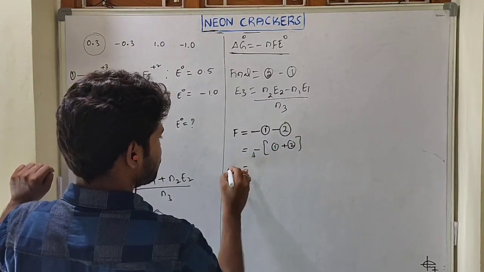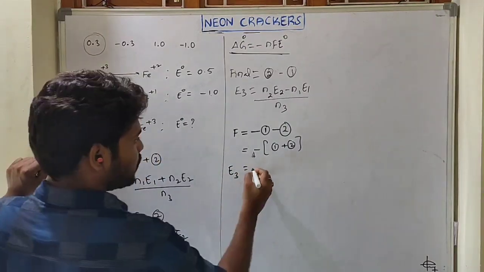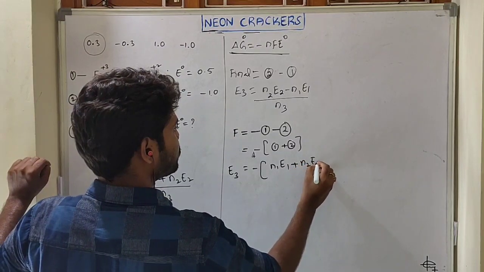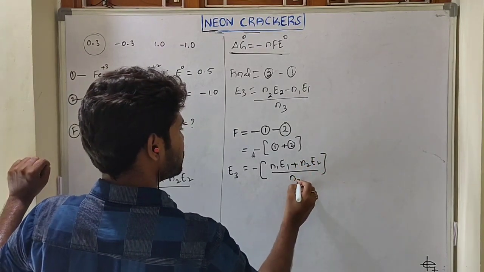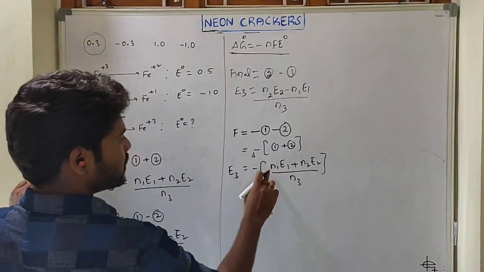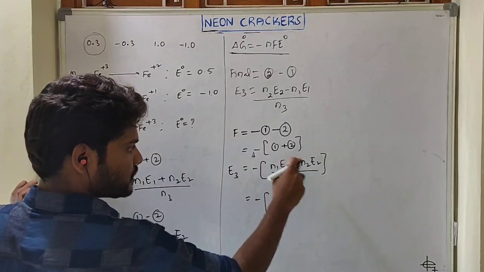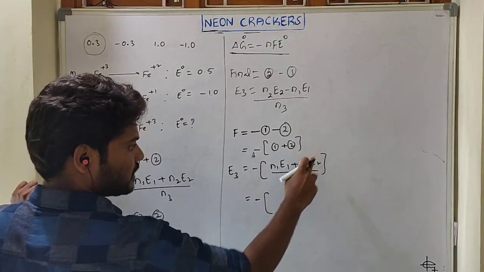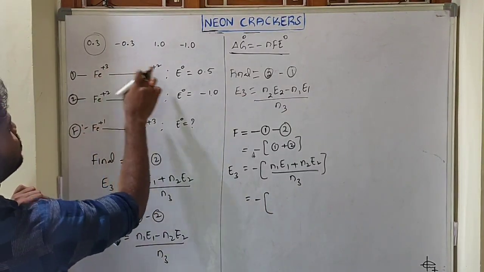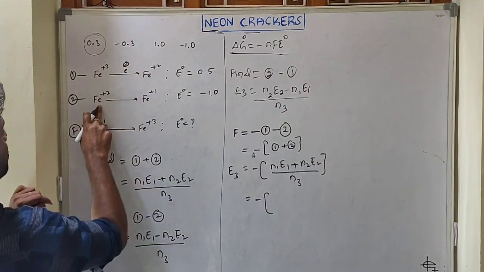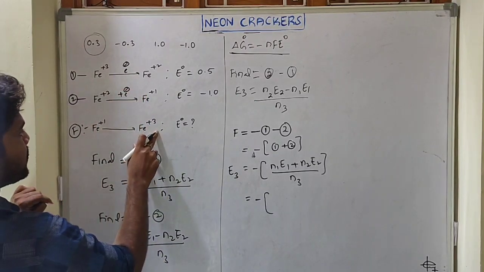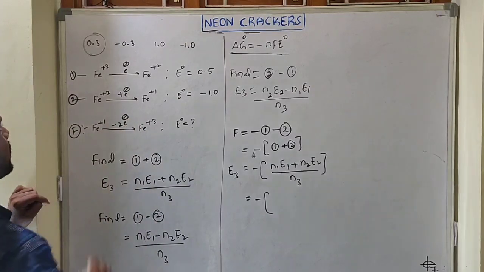So the final potential E3 equals minus of N1 E1 plus N2 E2 upon N3. N1 is the number of electrons in the first equation, N2 in the second equation, and N3 in the third equation. Fe3+ to Fe2+ requires 1 electron, Fe2+ to Fe+ also requires 1 electron, and Fe+ to Fe3+ involves removal of 2 electrons.